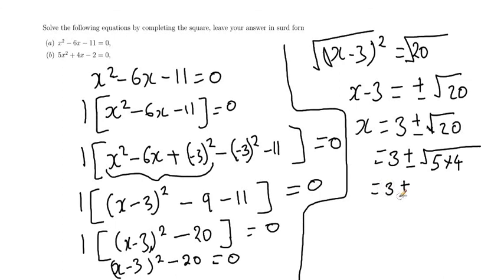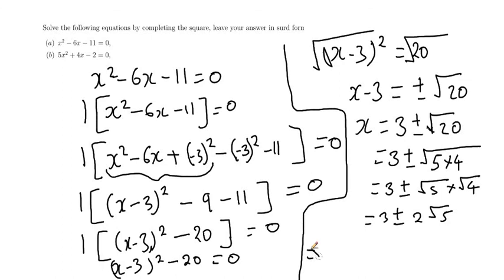So 3 plus or minus the root of 5 multiplied by the root of 4. This is equal to 3 plus or minus the root of 4, which is 2, of course, so we have 2 root 5.